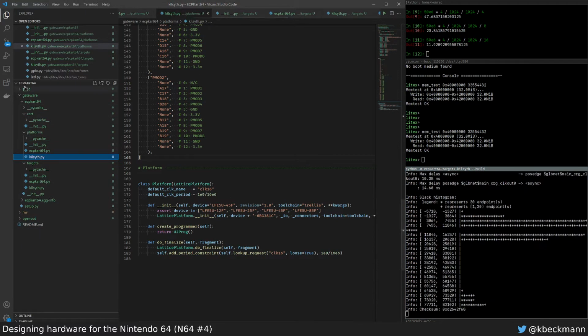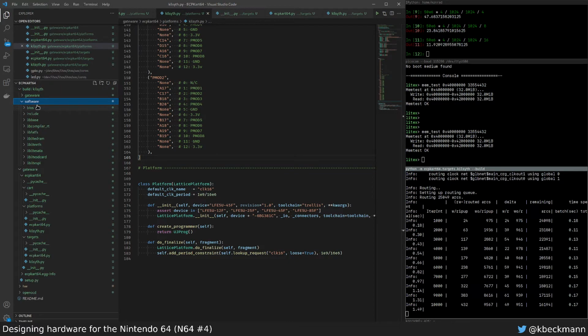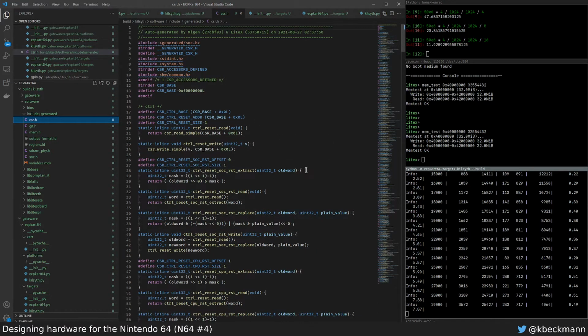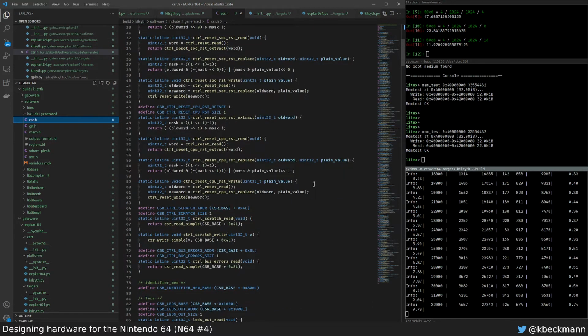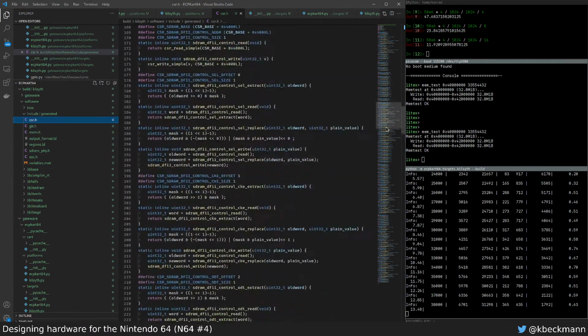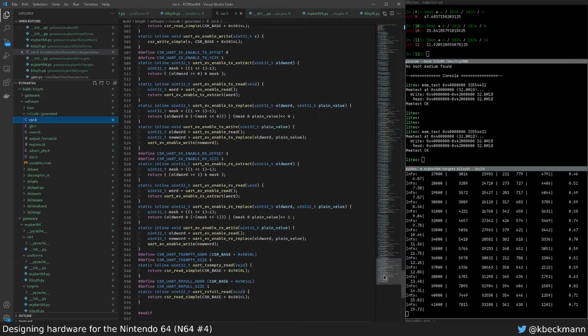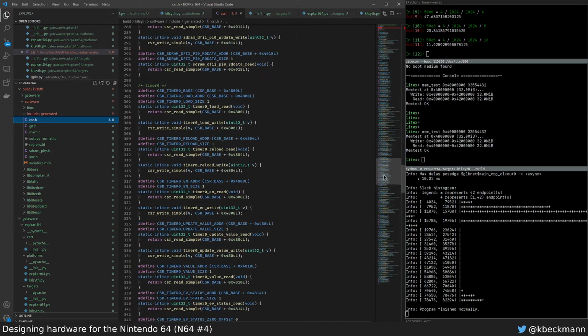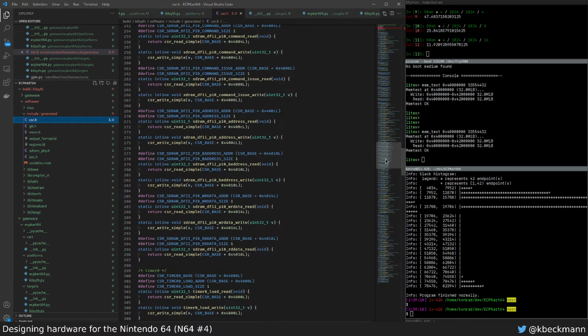And while that is running, we can actually look at the generated software. So in the include directory, I think, we get the CSR, which is generated. Everything here is generated, but it's generated based on our unique platform or target.